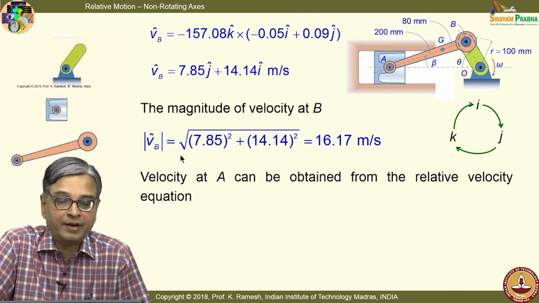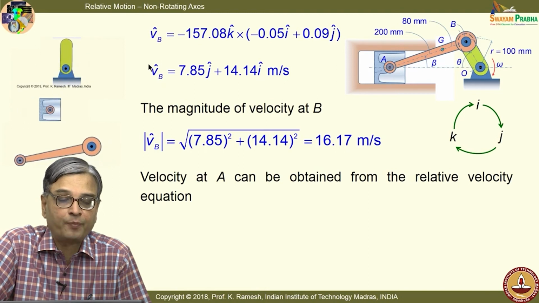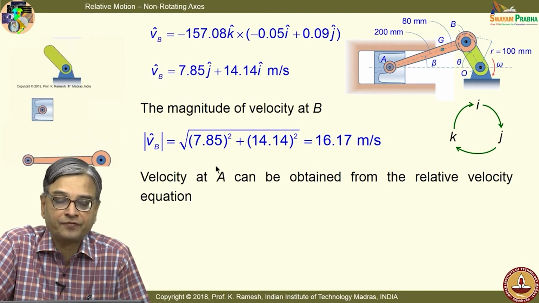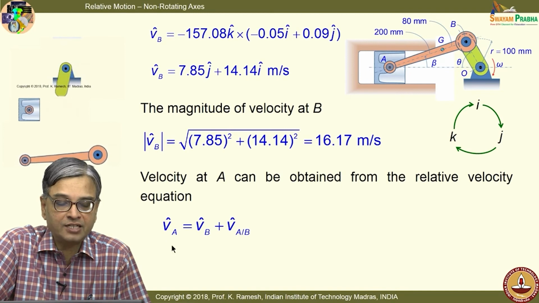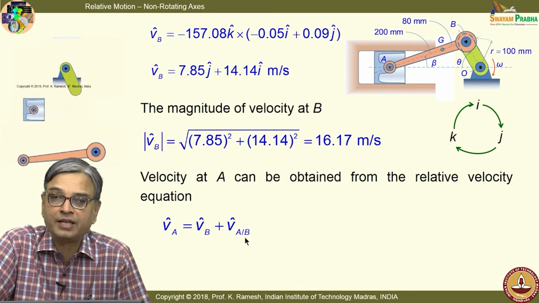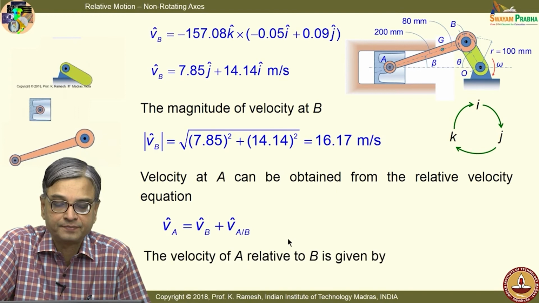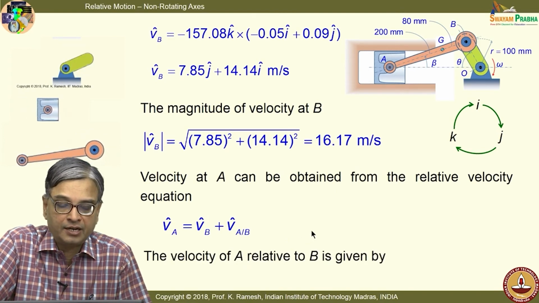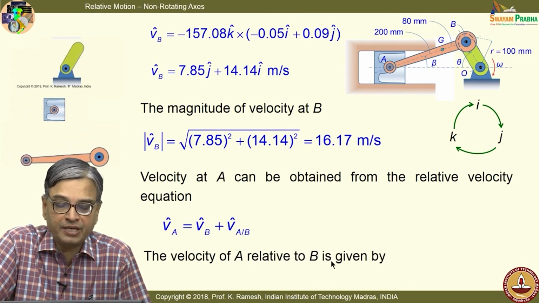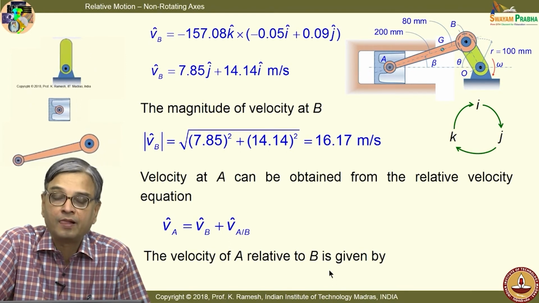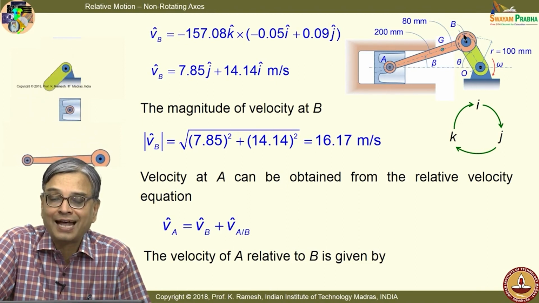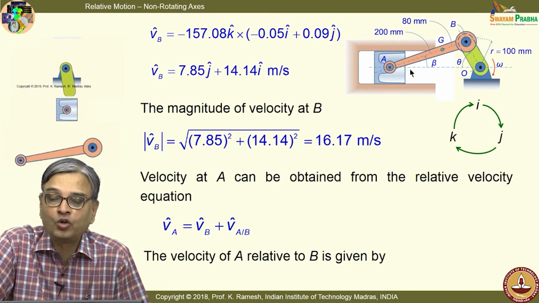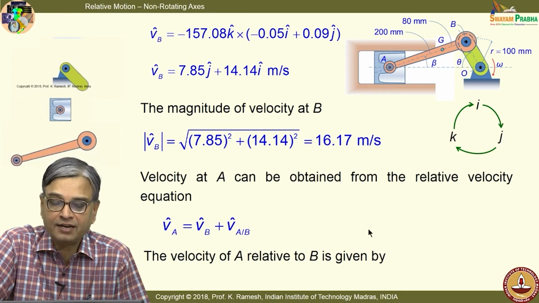We have determined what is the velocity of point B, and velocity of A can be obtained from the relative velocity equation. The equation is like this: VA equal to VB plus VA with respect to B, and velocity of A relative to B is given by, we know from attaching the axis here, if I know the angular velocity, I can calculate that.